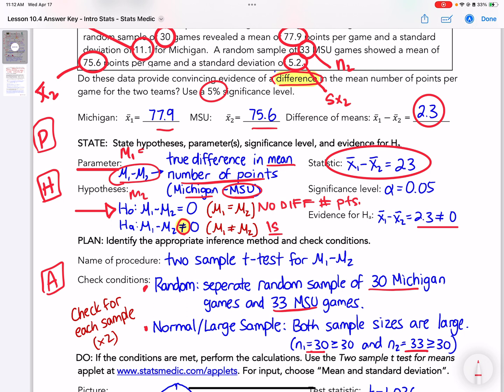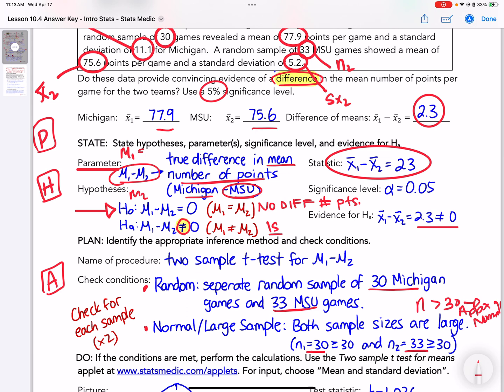And remember, if N is bigger than 30, then that is a guarantee that I have an approximately normal model. And if I have an approximately normal model, I am allowed to go ahead and continue doing the test. If I don't have a normal model, it won't apply to this test that I'm about to do. So if it's not bigger than 30, I have to check and see the graph. However, it's bigger than 30, so I don't have to worry about it.